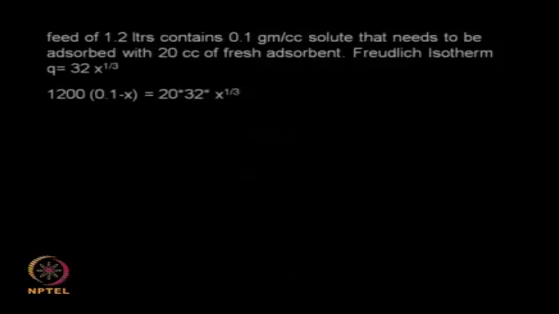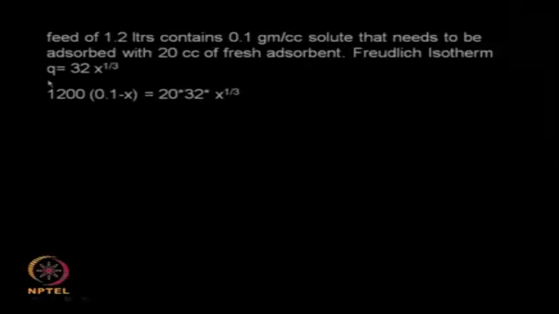Okay, let us look at another problem. We have a feed solution of 1.2 liters and it contains 0.1 gram per cc of the solute. The solute is what we would like to adsorb with 20 cc of fresh adsorbent, and this adsorption process follows a Freundlich isotherm.